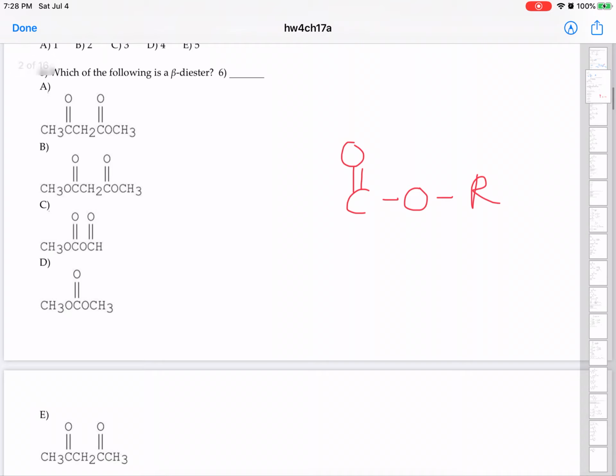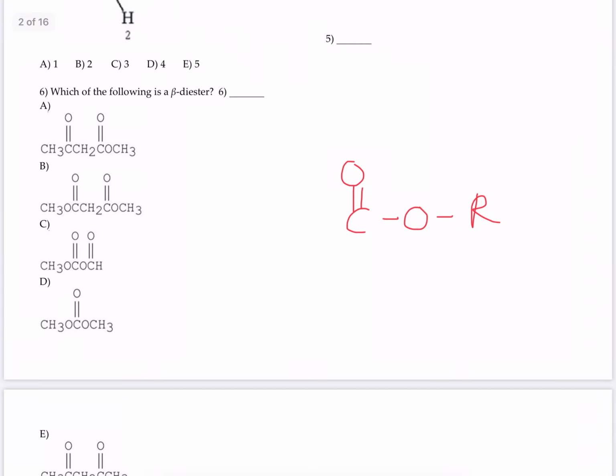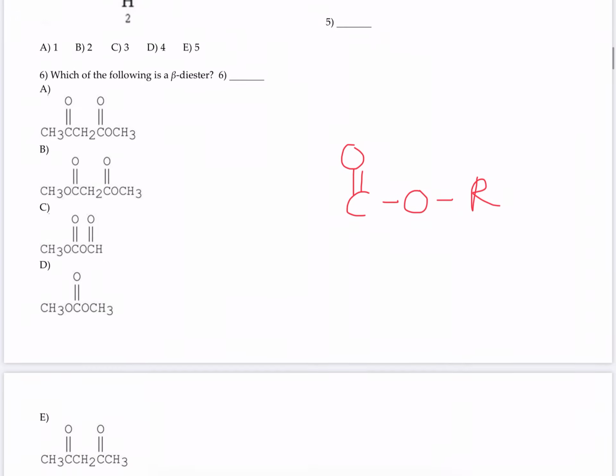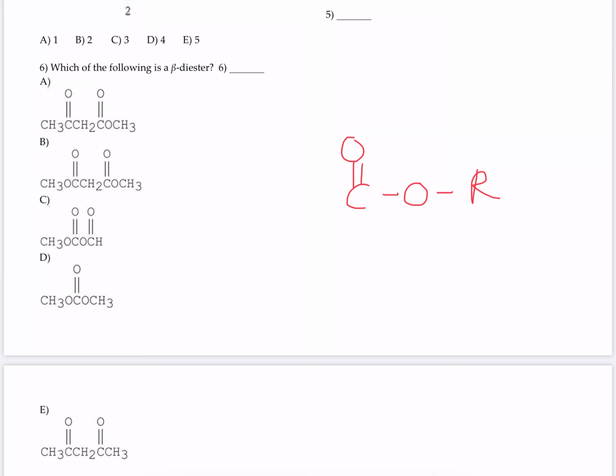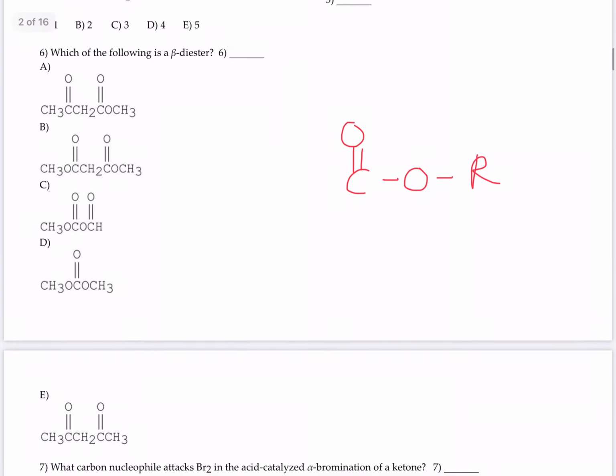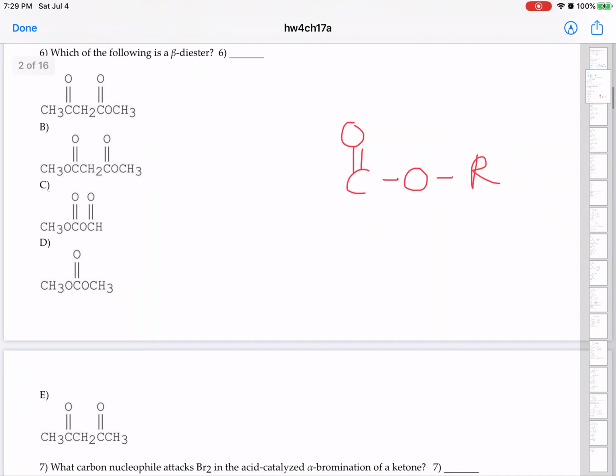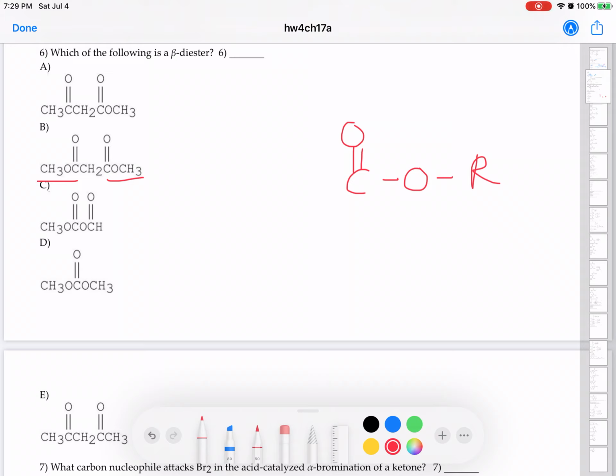Now A, do you see 2 esters? No, right? So it has only 1 ester. And then B, what about B? Do we see two esters? We do, right? So here you can see COOCH3, COOCH3.